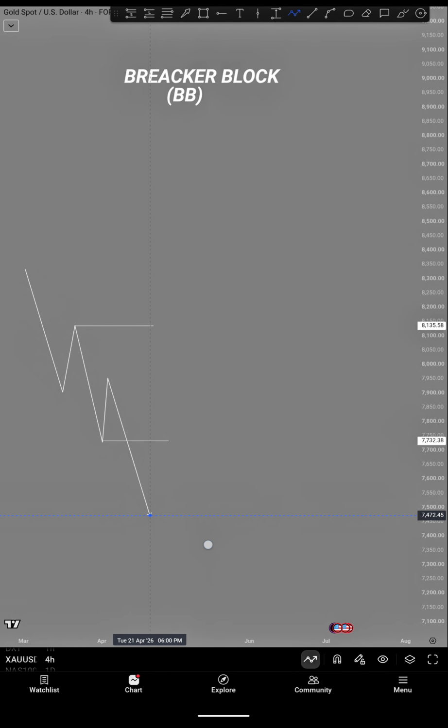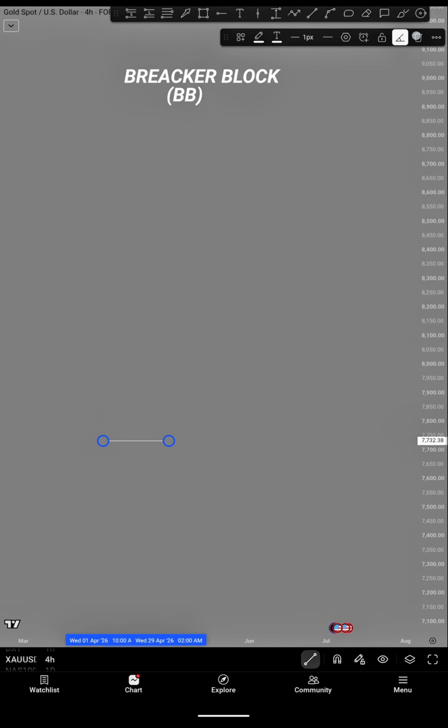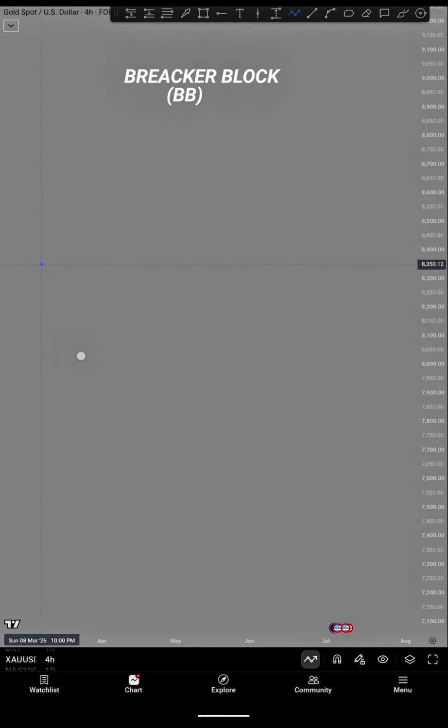But what if price decided to, sorry, let me write this again. I just want you guys to understand. So what if price gives you this low, high, low, right? So instead of giving you another lower high, then lower low, price decides to break this high, something like this.